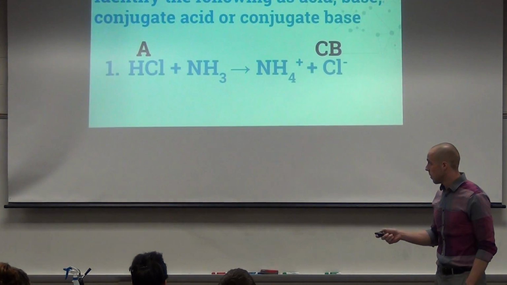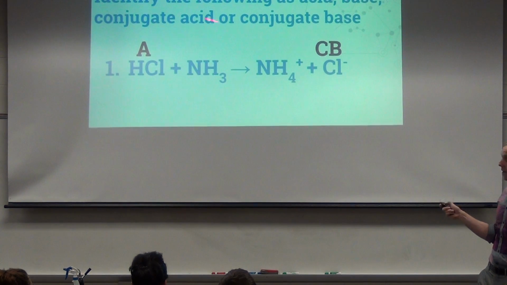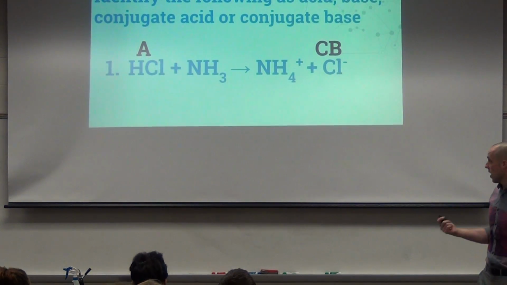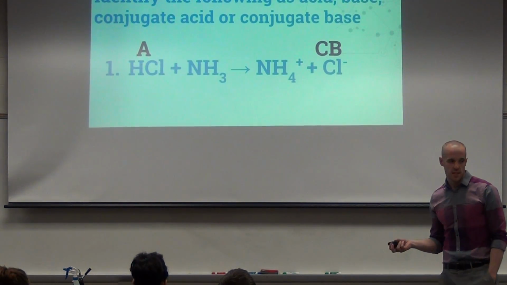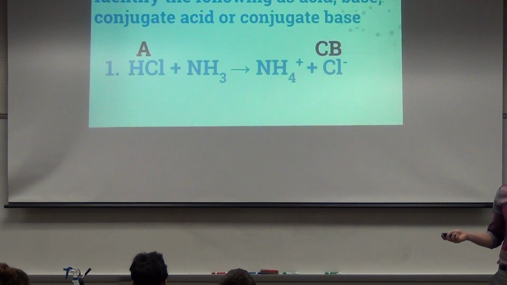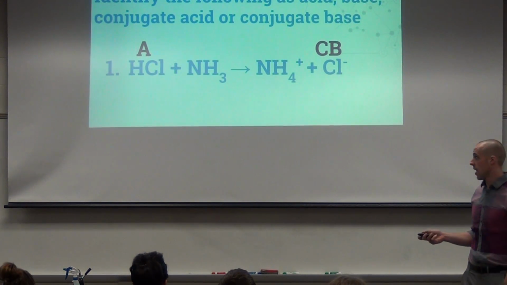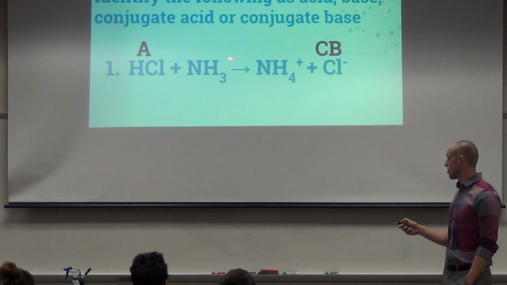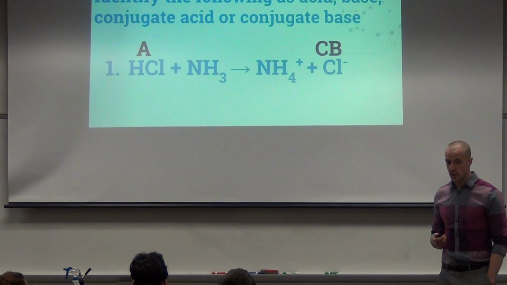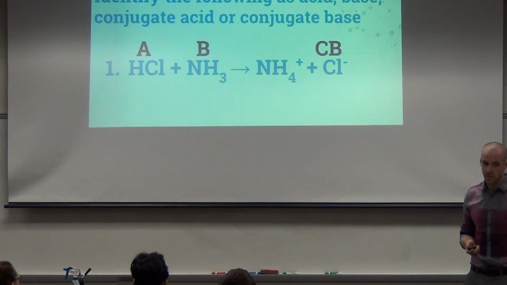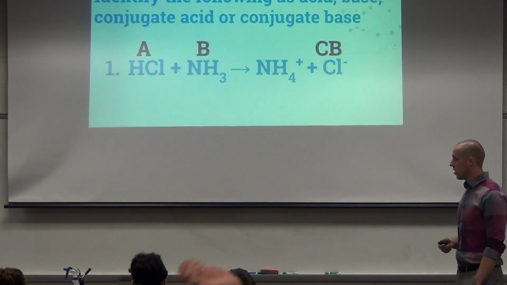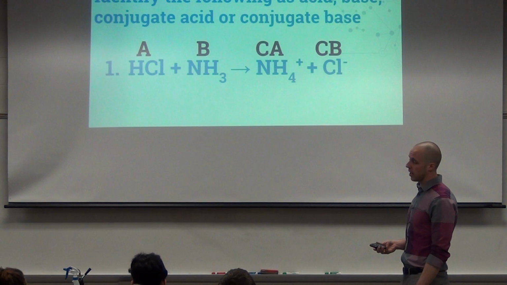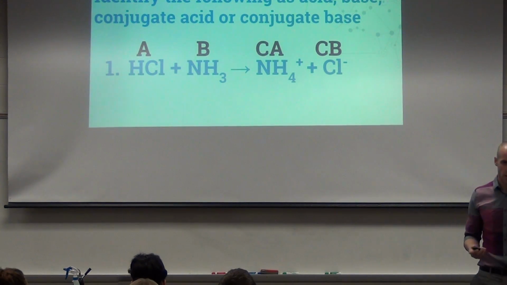So on this side, remember the acid and conjugate base always pair together like this. What's left then, by default NH3 has to be a base because you have to have a base reacting with the acid, but if we didn't know that, we could also see that from the left to right side, it's accepted a hydrogen. So that makes it a base. After it's accepted a hydrogen, it is called a conjugate acid. So that's how you're going to go about doing these.